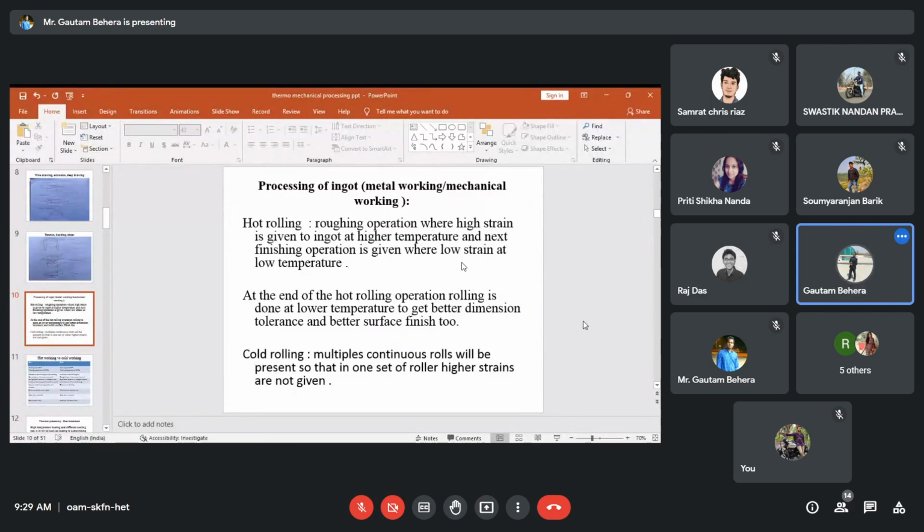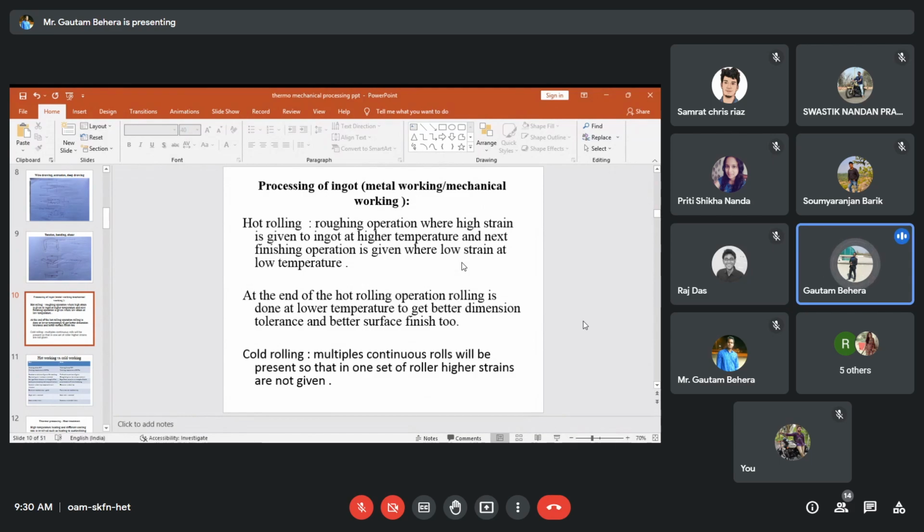For example, if you have an alloy of lead and tin, and you mechanically process them at room temperature, it will again be hot rolling.